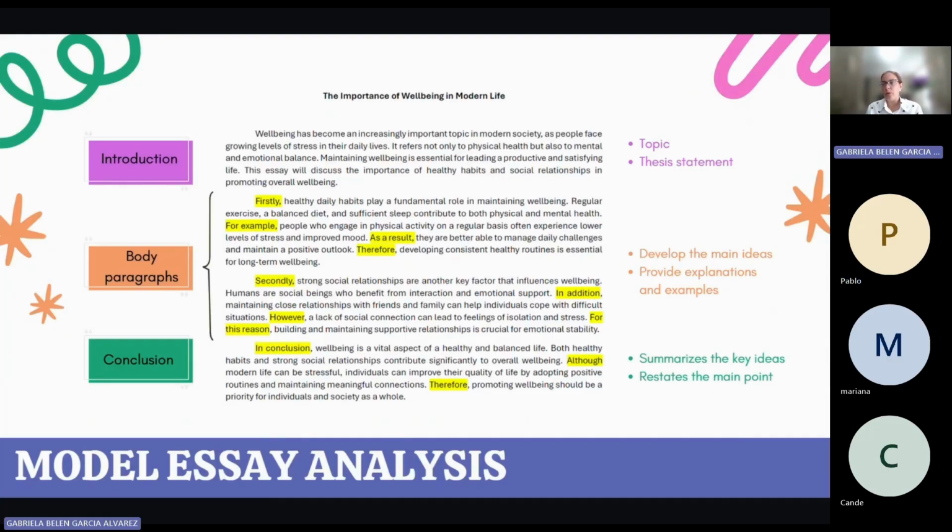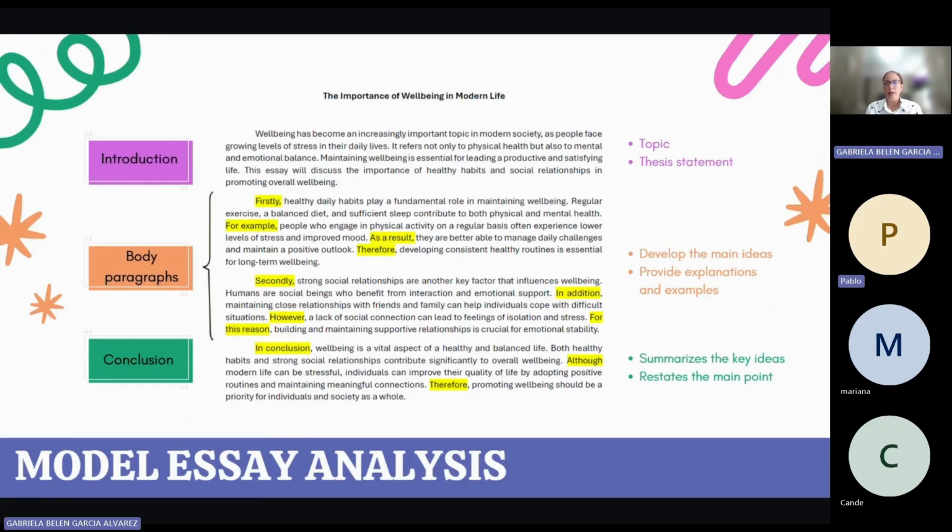It informs what the writer is going to talk about in the rest of the text, and it usually tells you if the writer is in favor of something or against something, or what he thinks about a specific topic. This essay will discuss the importance of healthy habits and social relationships in promoting overall well-being. That is the thesis of this essay.